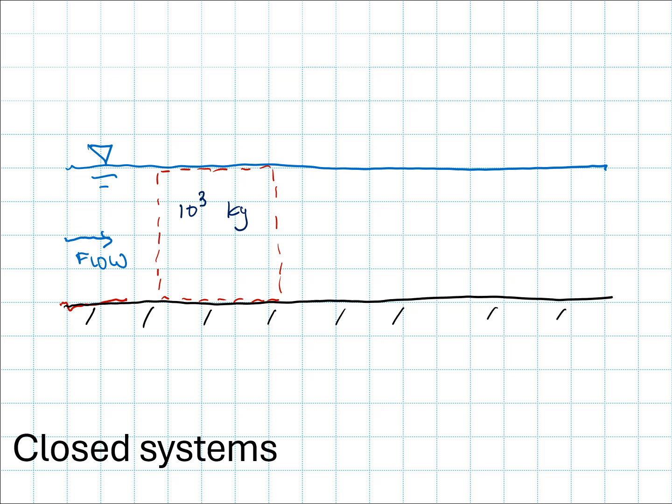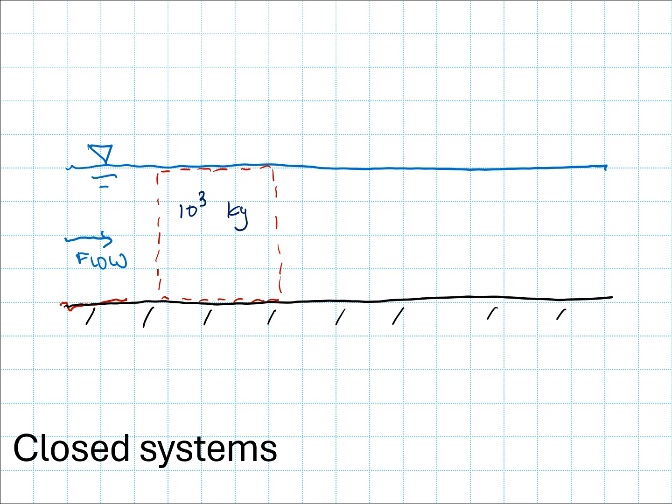And in this case, my boundary of the system of mass is not physical. This red dashed line is just an imaginary line that I've drawn that separates the water in my system from the water in the surroundings. So for instance, from the water that's directly upstream.